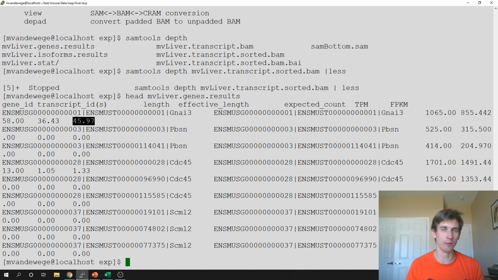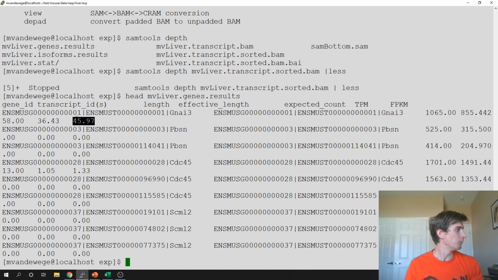That's going to give us a percentage of RNA that was present in our pool. And that's what our TPM is. It stands for transcripts per million, but it's still effectively a percentage multiplied by a million.